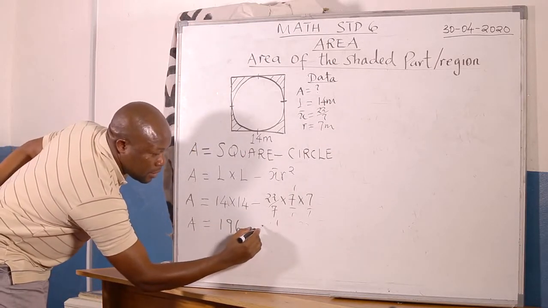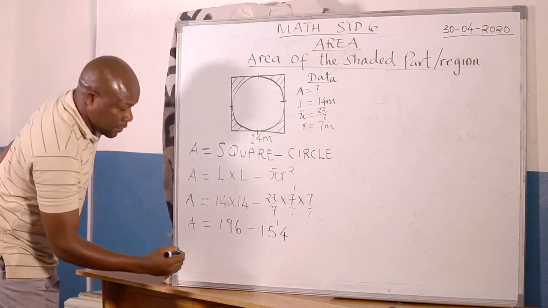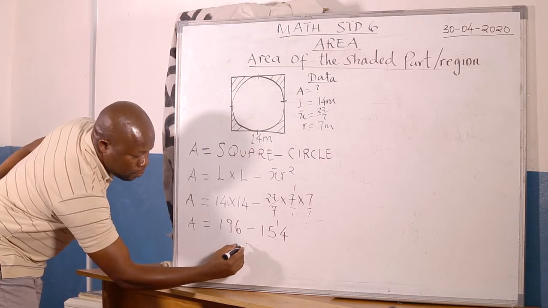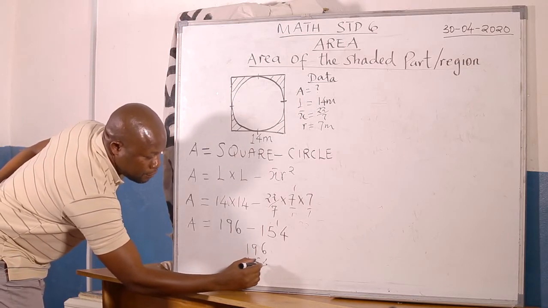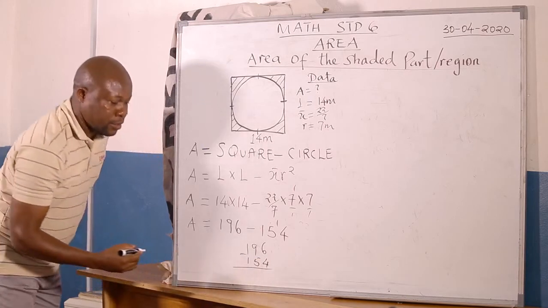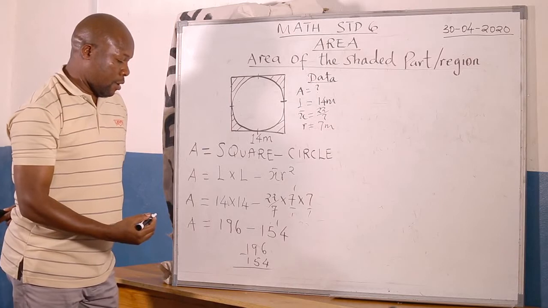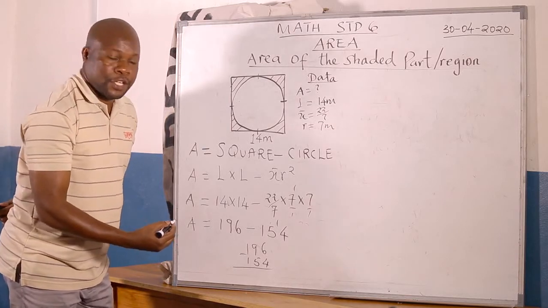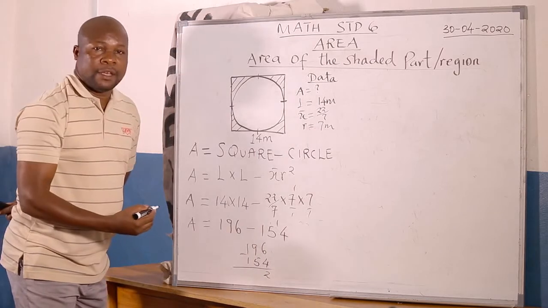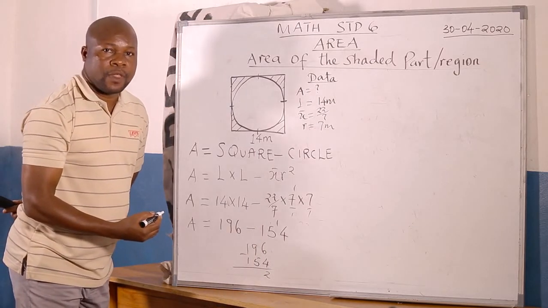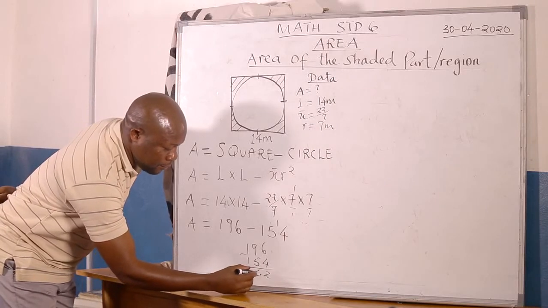So we are going to subtract 154 from 196. Therefore, we're going to get 196 minus 154. Let us work it together. What is 6 minus 2? Eventually, you have already found it. 6 minus 4 is 2. What is 9 minus 5? 9 minus 5 is 4.